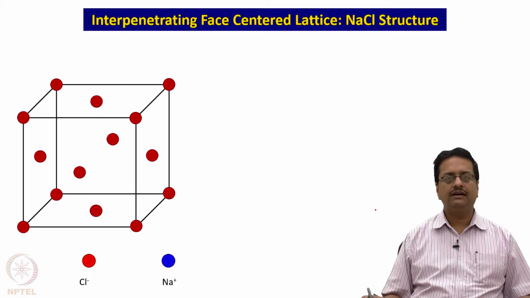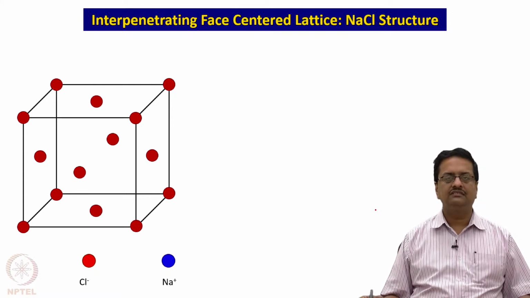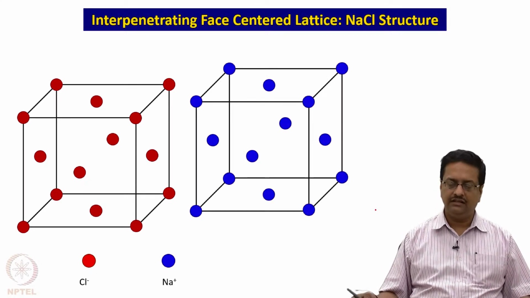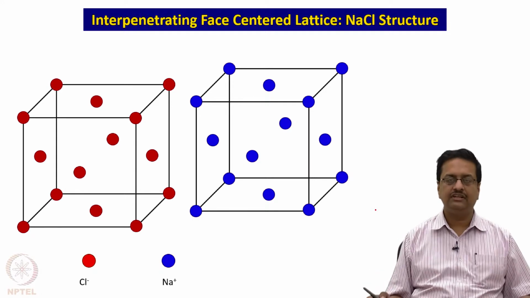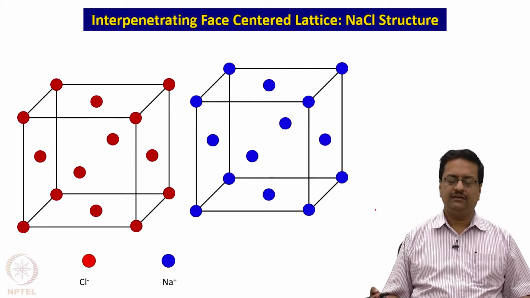See, here what I have drawn is a chloride lattice, corresponding to these red circles at 8 corners and 6 faces of this unit cell. And then I have one slightly offset, which is actually offset by half a unit along one direction, a lattice of Na+ ions represented in blue.